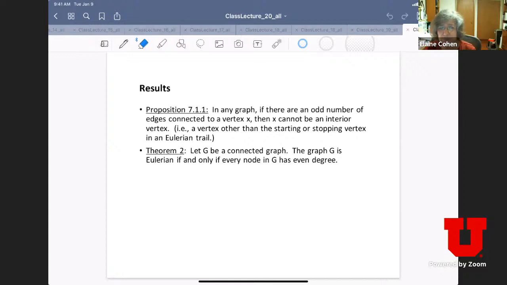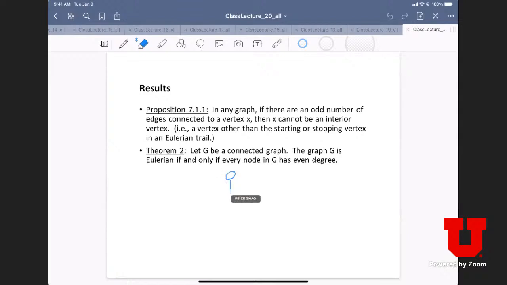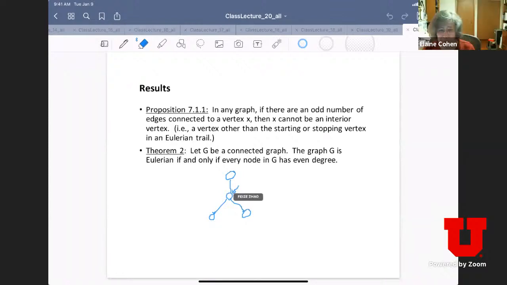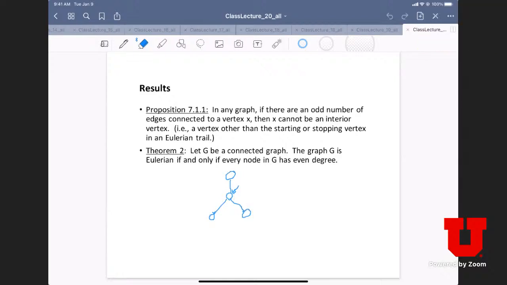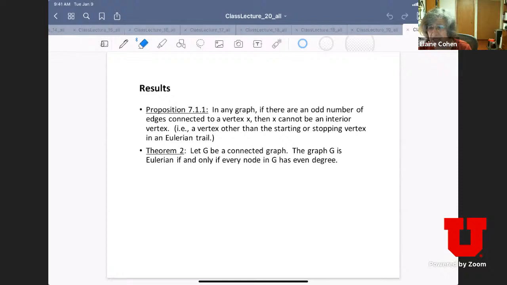Yes, so I just want to make sure, if it's something like this, with an odd number, I think this one is the interior vertex, right? Yes, but you can't draw an Eulerian trail for me, can you? Oh, okay, I think I got it. The key is not whether there is a trail, but whether there's an Eulerian trail.